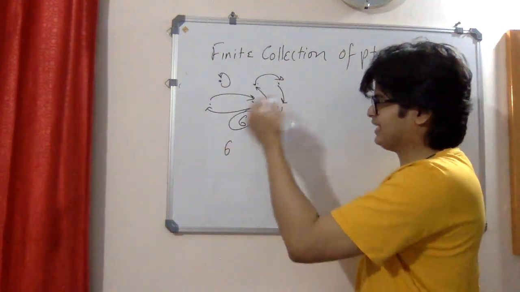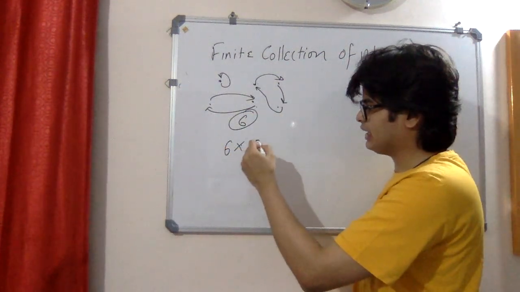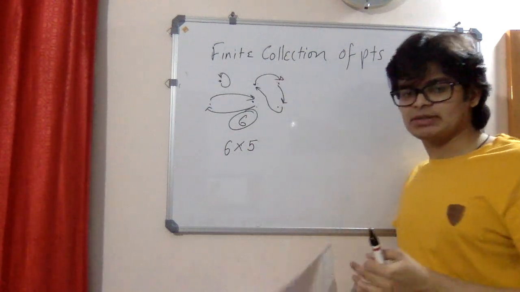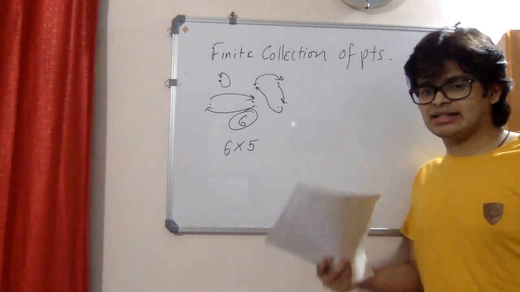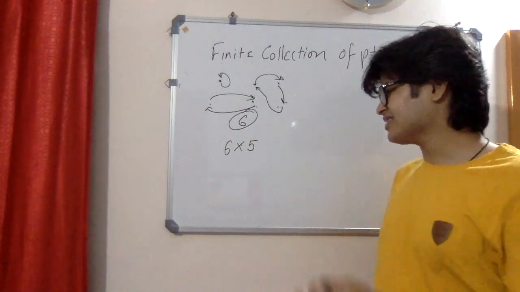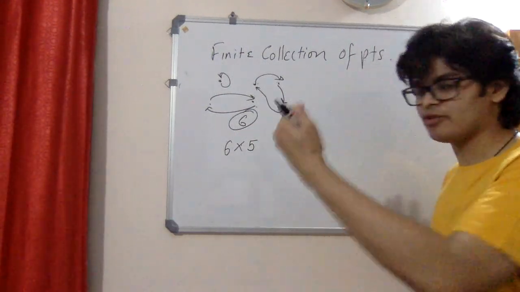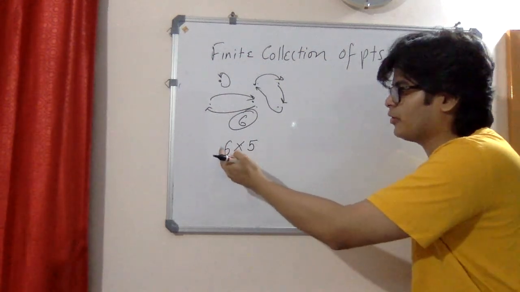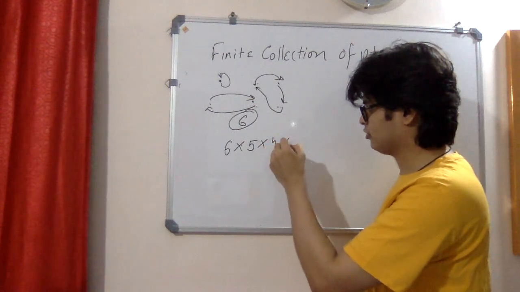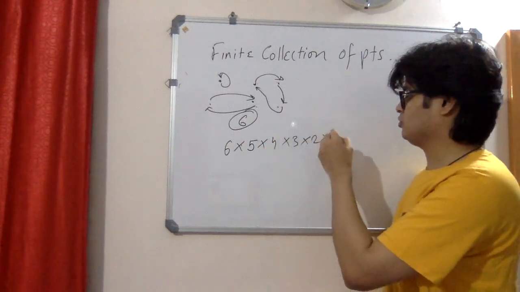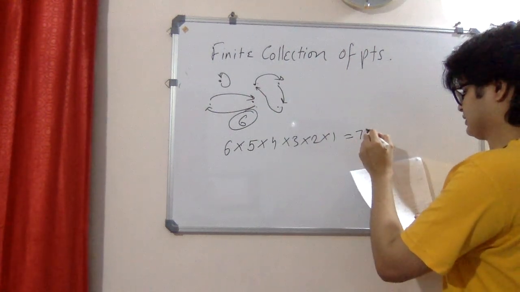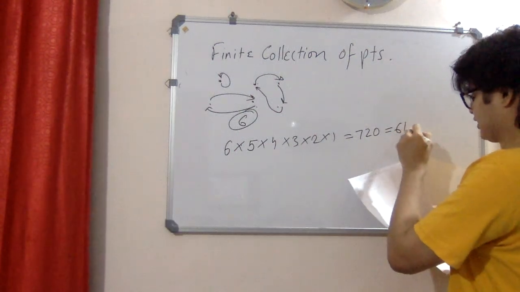Now, the second point would have only 5 options left, because the first point has been mapped to a specific point, and since we are looking at bijections, the symmetries are bijections, it has to map to some other point. It can be itself or some other point apart from the point which the first point has been mapped to. Similarly, the next point would have only 4, 3, 2, 1, and this gives us 6 factorial.